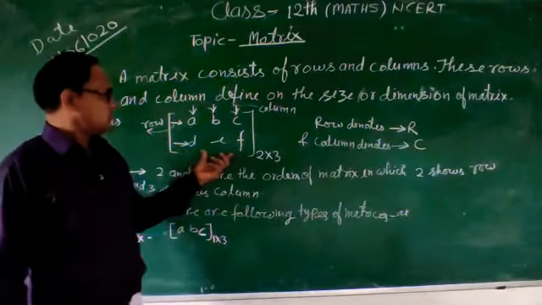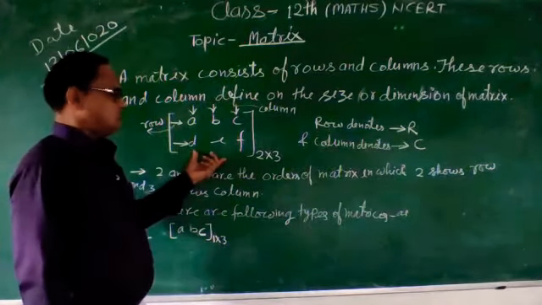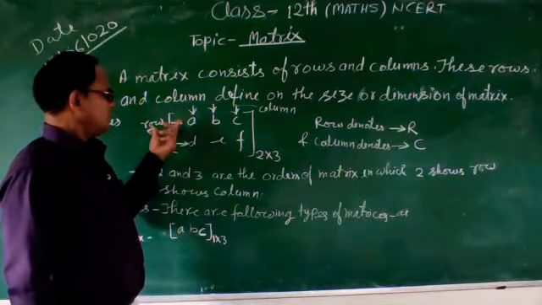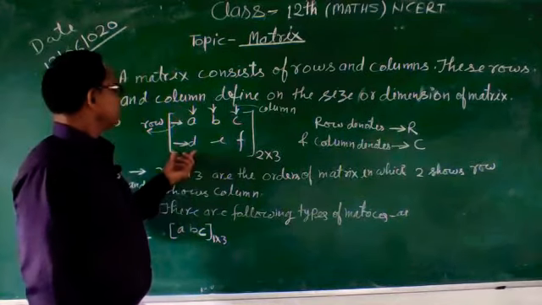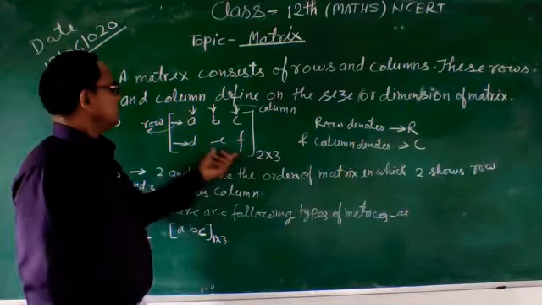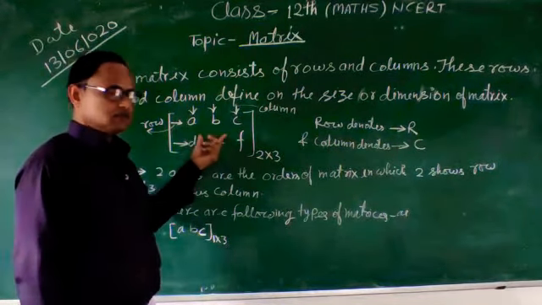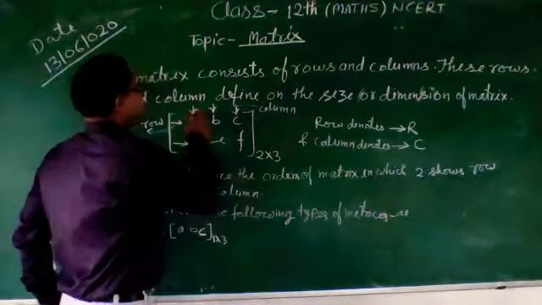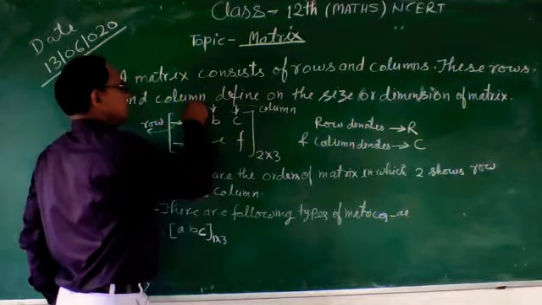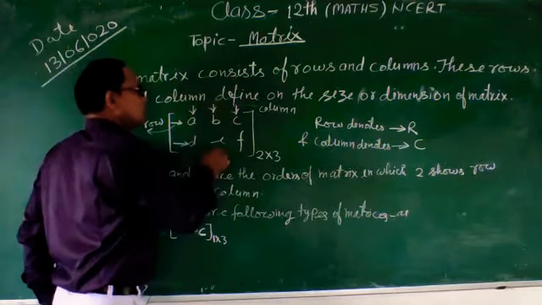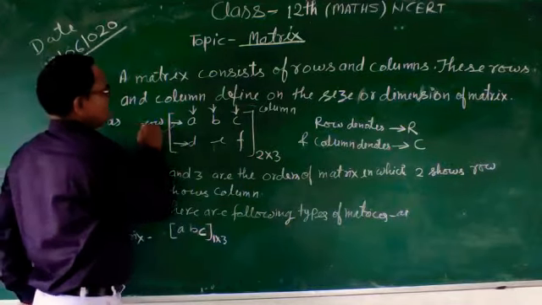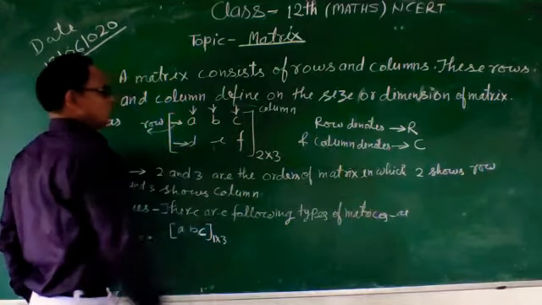Here we show a matrix in closed interval with A, B, C, D, E, F as the elements. We observe one column, two column, three column, and one row and two row.